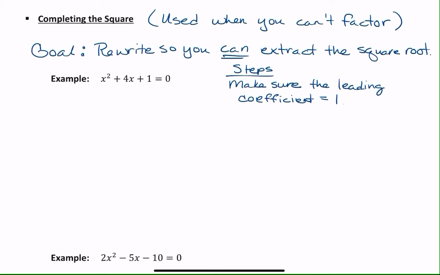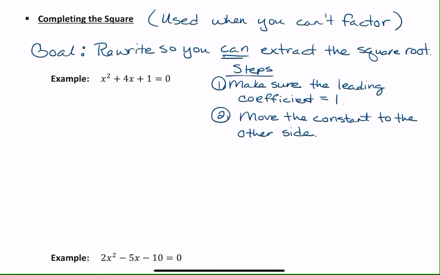So we can move on to the next step, which is to move the constant to the other side. I'm going to take -1 and subtract it so that I've got x squared plus 4x. I'm going to leave a little space where I move the -1 to the other side.